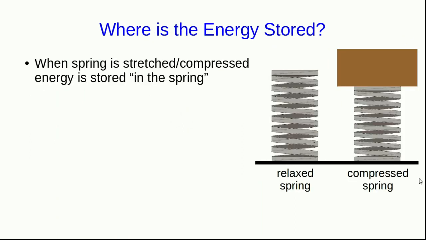A question that's worth thinking about is where the energy is stored when a system has electric potential energy. Thinking back to springs, it's sort of obvious that when we stretch or compress a spring, then energy is stored in the spring.